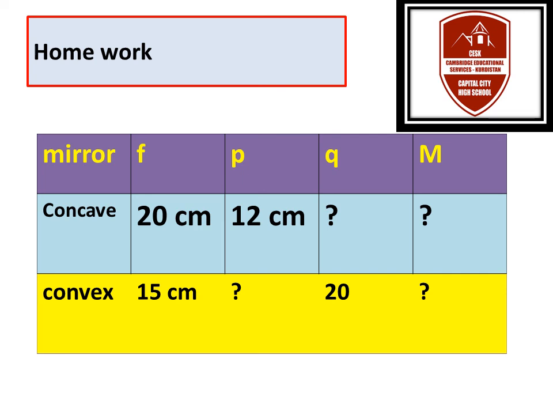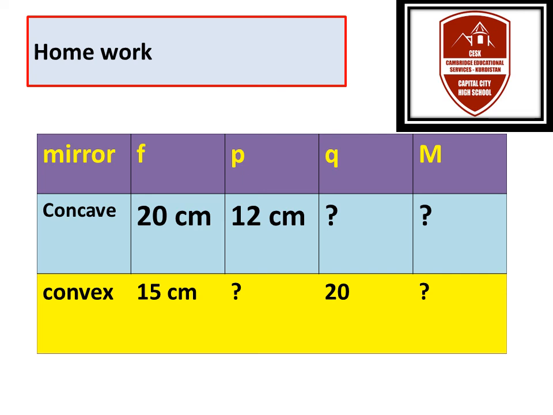Now the convex mirror, the second question. For the convex mirror, F is 15 centimeter and Q is 20 centimeter. What is unknown? P and M. Listen to me: when you use the mirror equation, you should put negative 15 and negative 20 because this is convex.